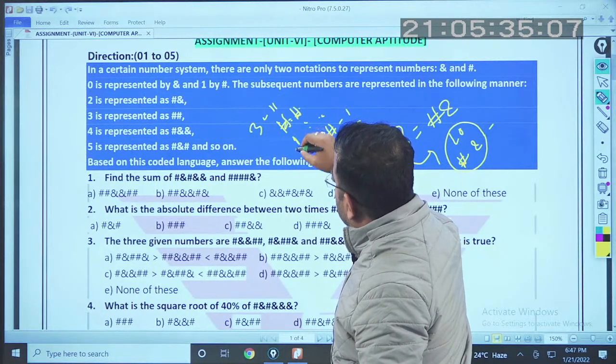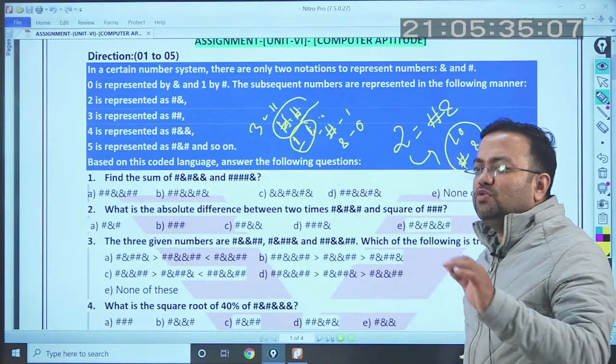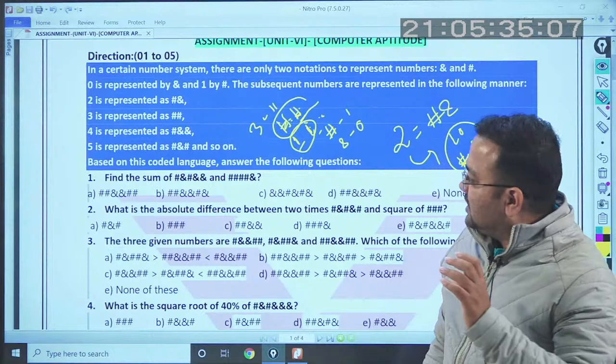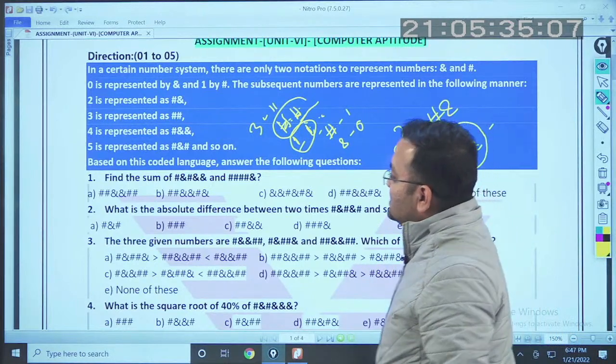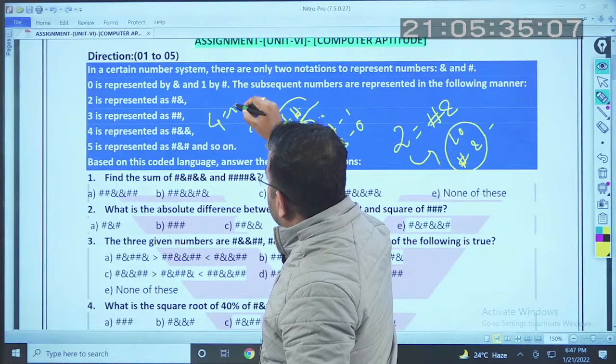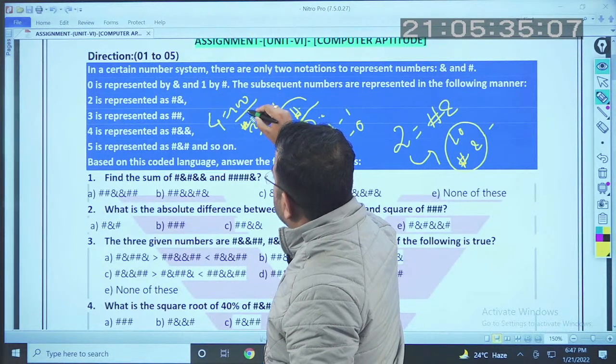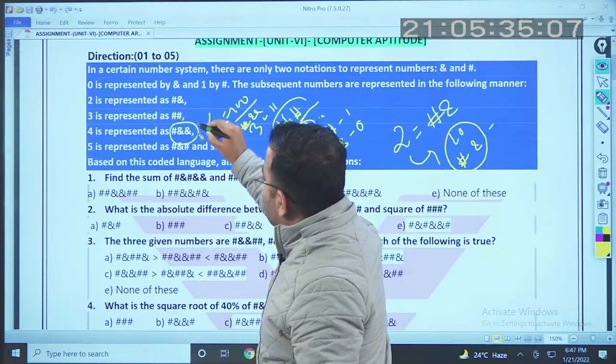And suppose 4, its binary number is 100: for 1 it is hash, and for 00 it is AND AND, that is why it is written as hash AND AND.